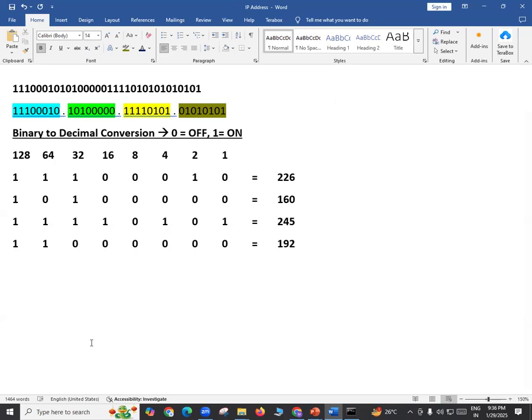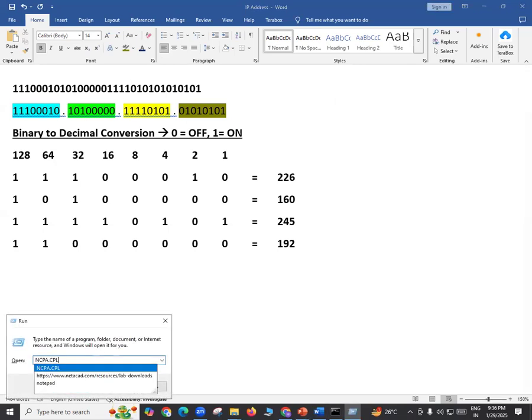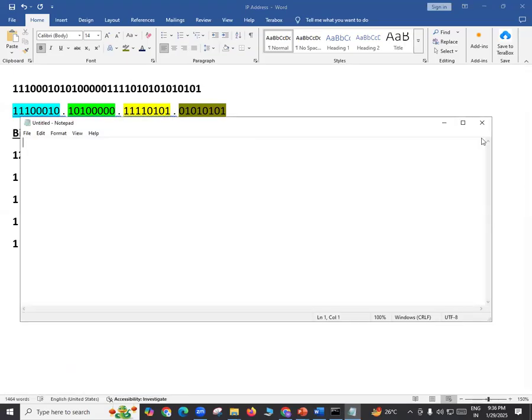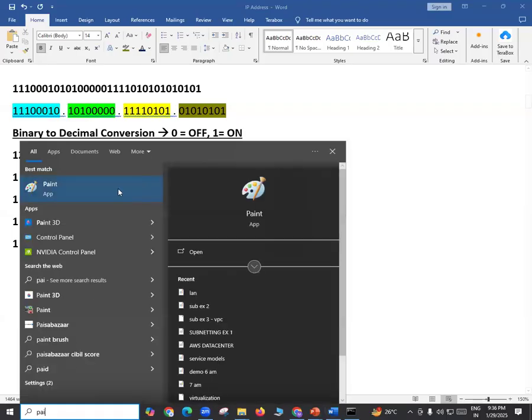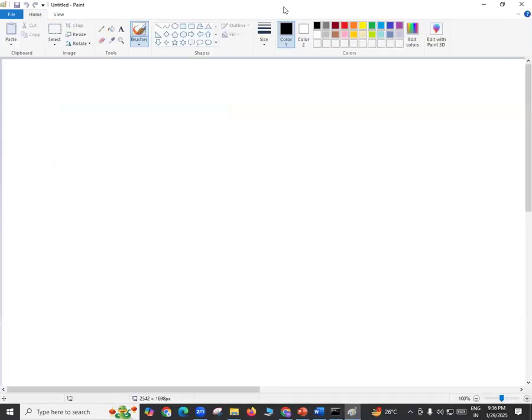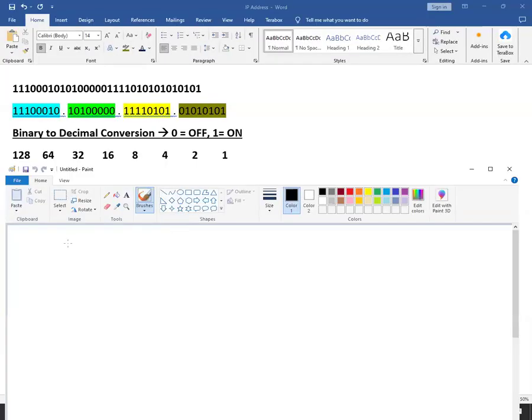It's very easy, my friend. Okay, I'll show you some examples here. Now see here, friends, I'm converting a binary number into a decimal number.